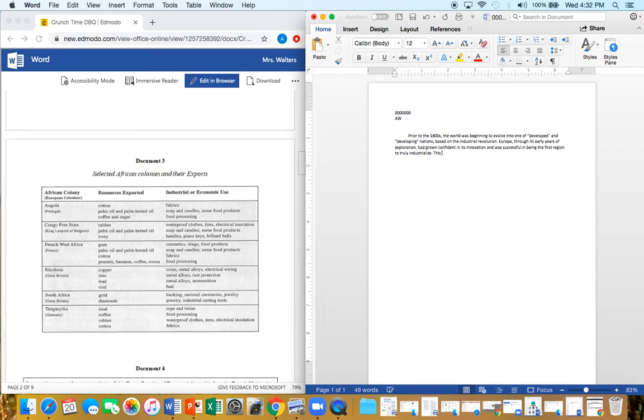This movement moved Europe into a position of power in the global world.